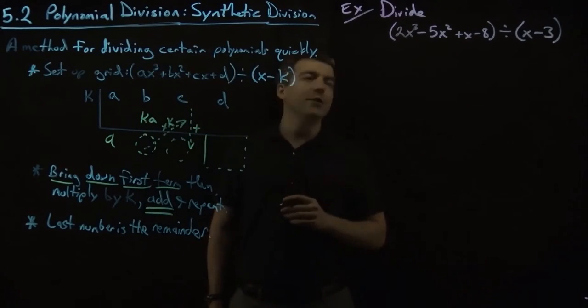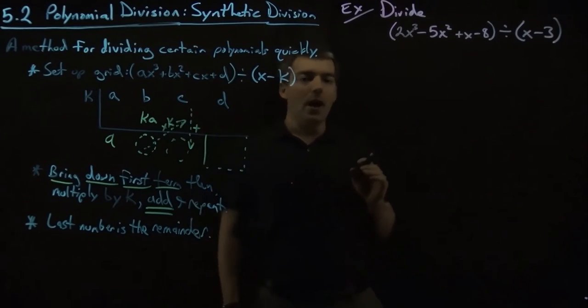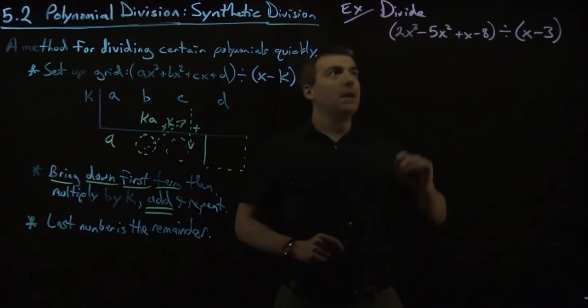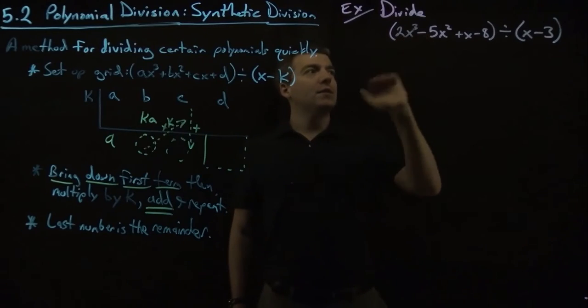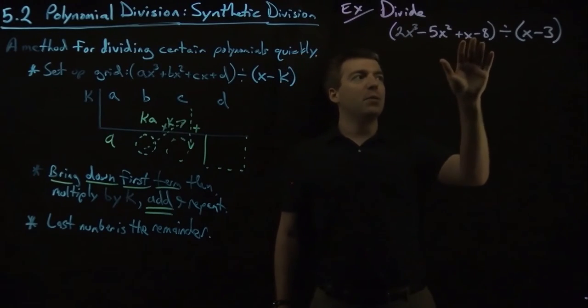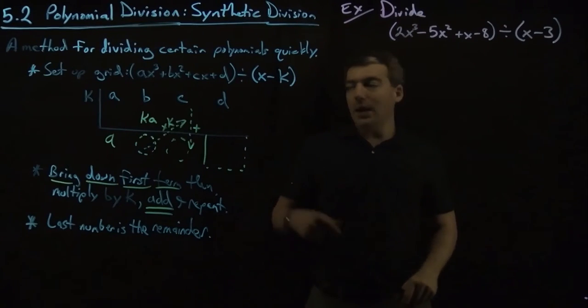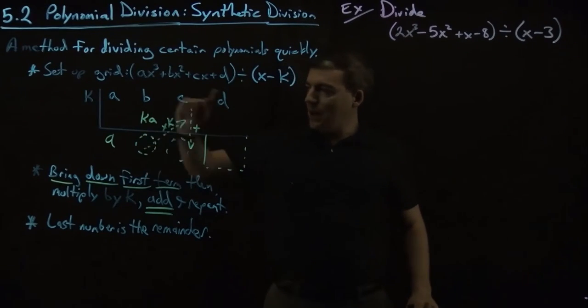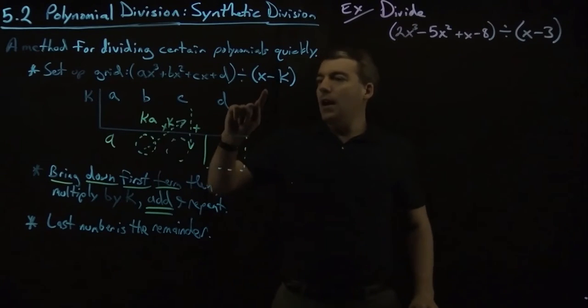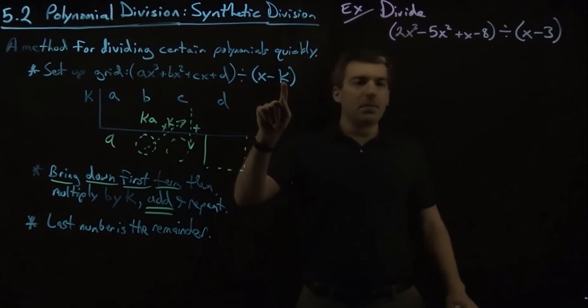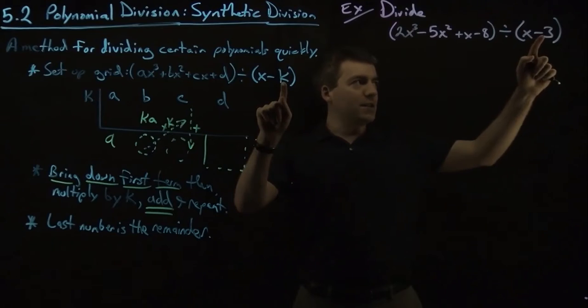Okay, let's see this in action. Here's the example from the long division video. We're going to divide 2x cubed minus 5x squared plus x minus 8 by x minus 3. And we can identify all the components in the synthetic division algorithm right here. x minus k is the divisor, x minus 3.